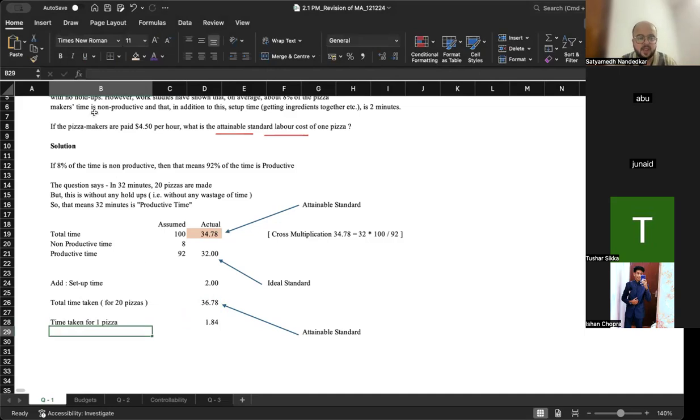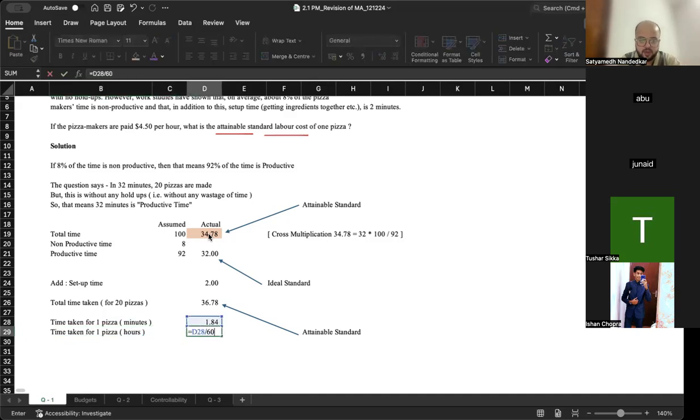Okay. Now, if the pizza makers are paid 4.5 per hour, this is time taken for one pizza in minutes. Right? This is time taken in minutes. So, how do you arrive at the total attainable standard labor cost? I will convert this into hours. When I convert this into hours, it will be 1.84 upon 60, 0.03.